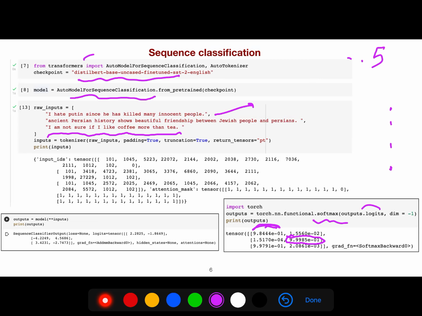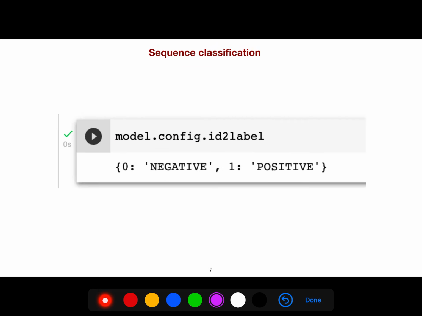But you see the problem: because the model is imitating, it is not understanding, and this is a big error. That's why the probability is almost 1, very negative, but this sentence is really not negative. It's just saying I'm not sure.